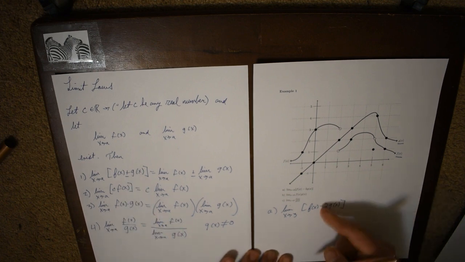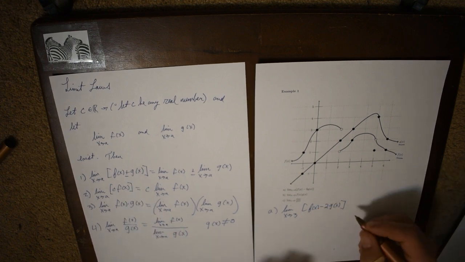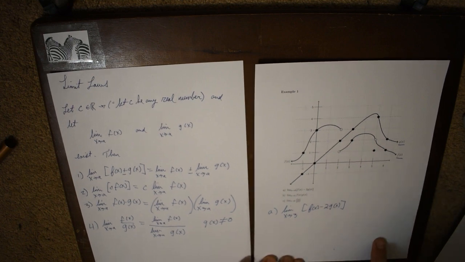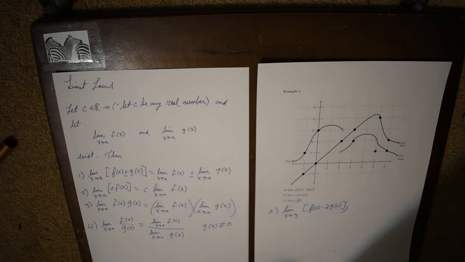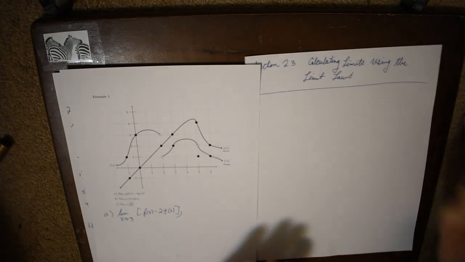So this thing is going to be equal to, and I'm going to run out of space if I write here, so you'll have to excuse me, I will do this over here.